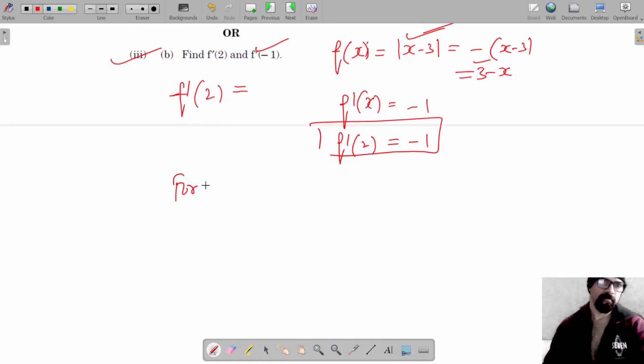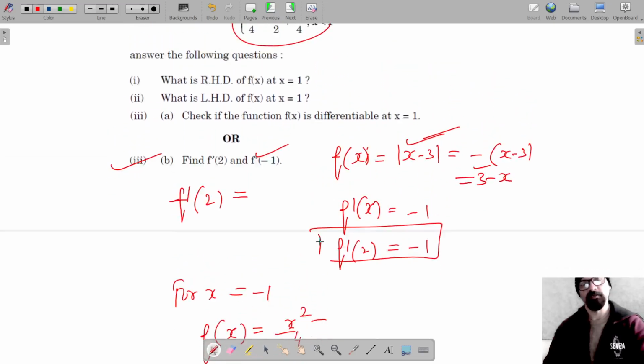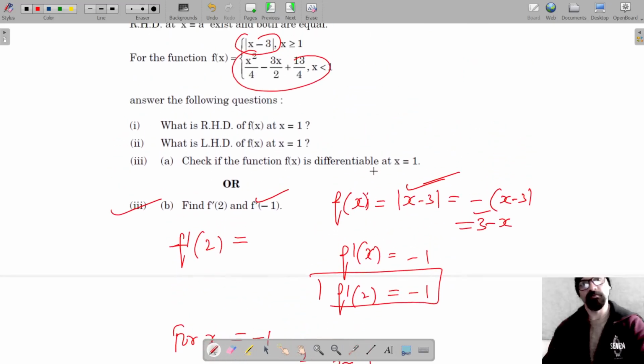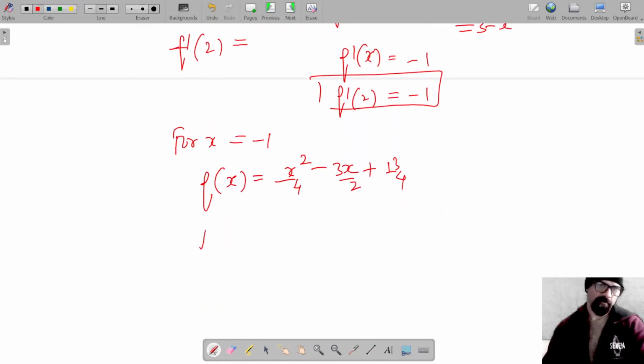For x is equal to negative 1, our function is f of x is equal to x squared by 4 minus 3x by 2 plus 13 by 4. Let's find its first order derivative. So the first order derivative is 2x by 4 minus 3 by 2.